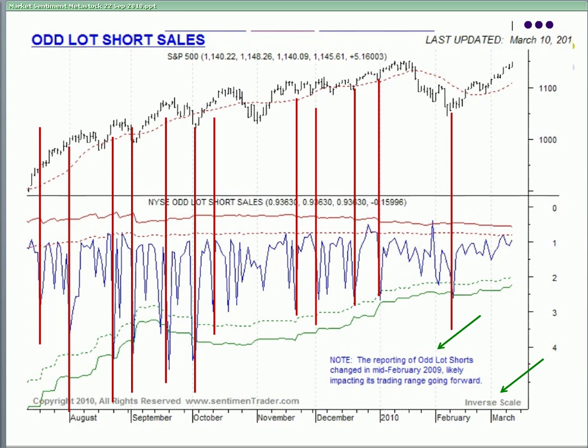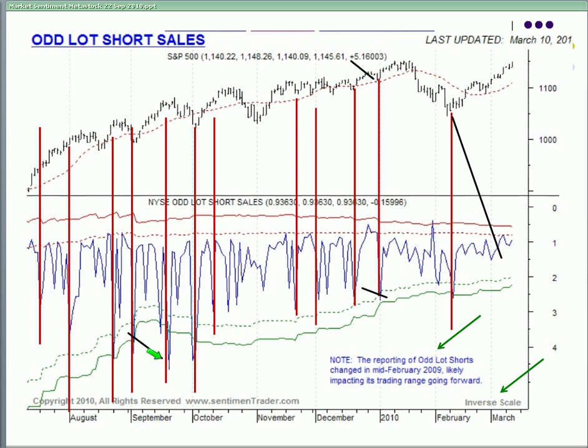Later on, if you have access to the presentation, download the presentation and take a look and see how these points, extremes in odd lot short sales, correlate with lows in the market. Extreme in odd lot short sales over here, and a low in the market over here.